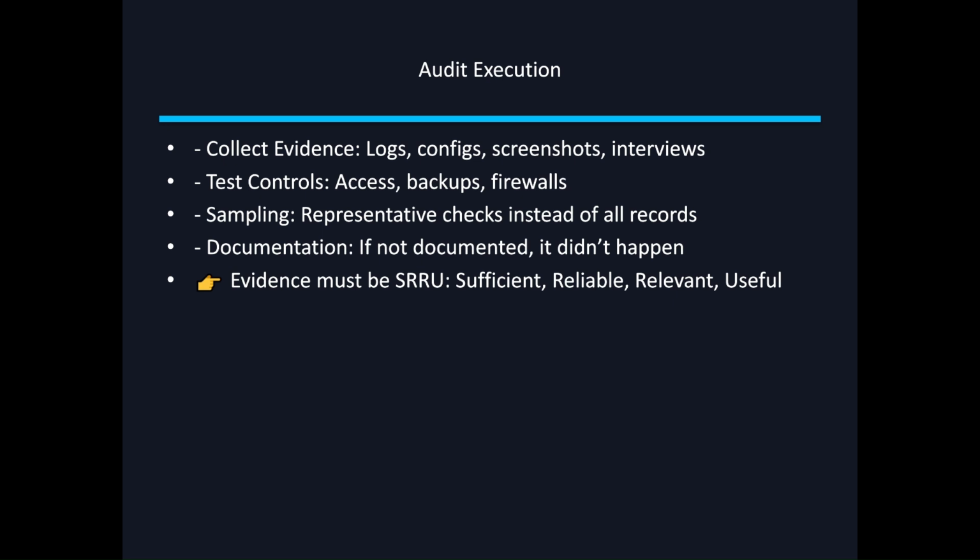Because organizations are huge, we can't test each and every control for each and every department, as it is very time consuming and would also affect the cost, the timeline, the operations. So just to make sure that things are being followed, we take a random record from all the records.